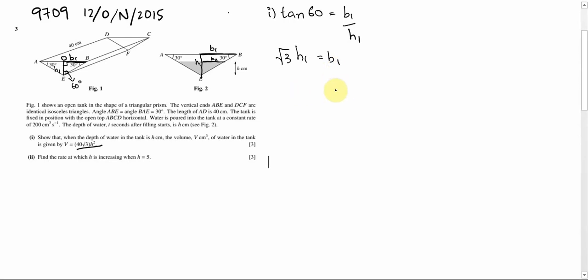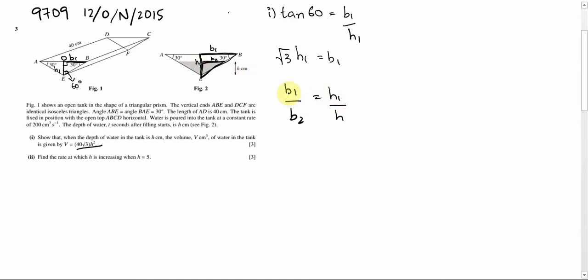Now I'm going to compare the bigger triangle to the small triangle. This half of this triangle is the bigger one, and I'm going to compare it to the smaller one inside. So for the bigger one it's b1 upon b2 for the smaller triangle, and it's h1 upon h for the smaller triangle.